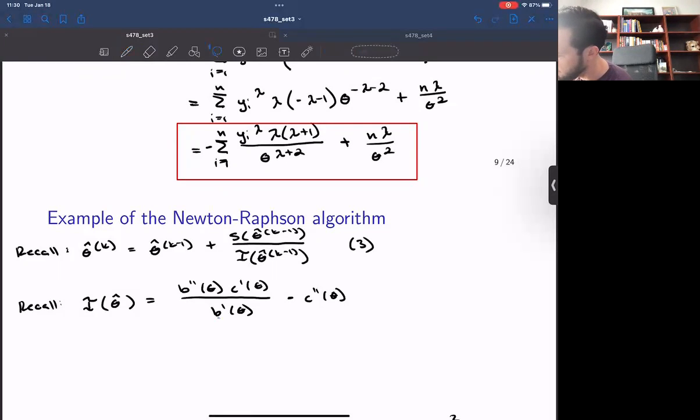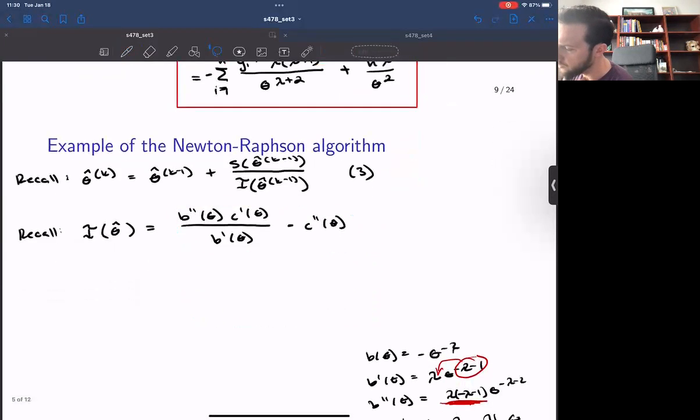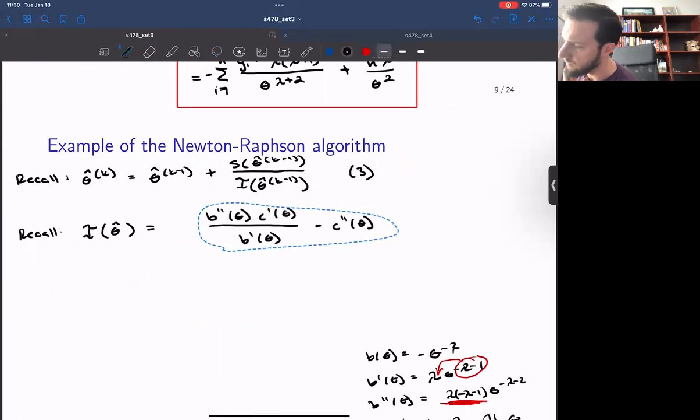This is from lecture set number 2. And actually, in this case, we also need the sum because we have to include the data.